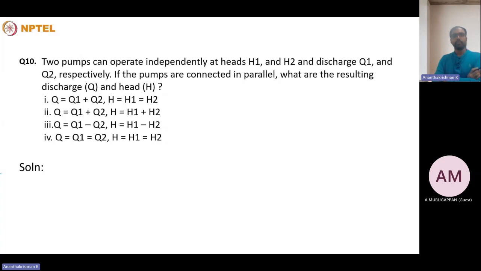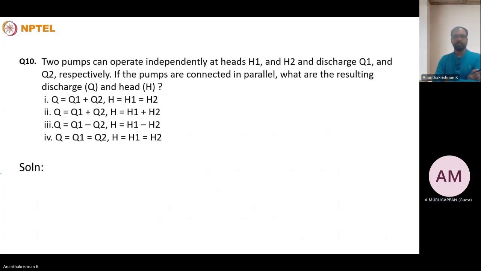Look into the 10th problem. So option 1.